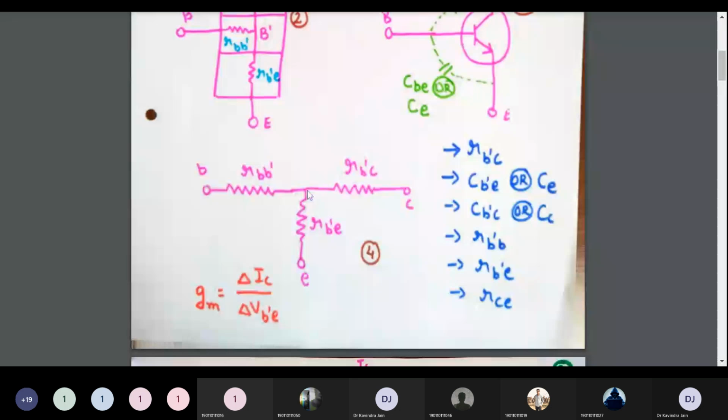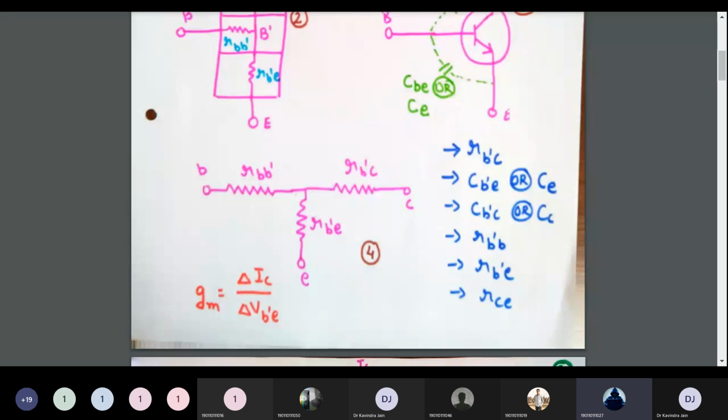So this virtual base connection to the junction capacitance is known as R B dash E. I hope you have written. Can I proceed? Please let me know.